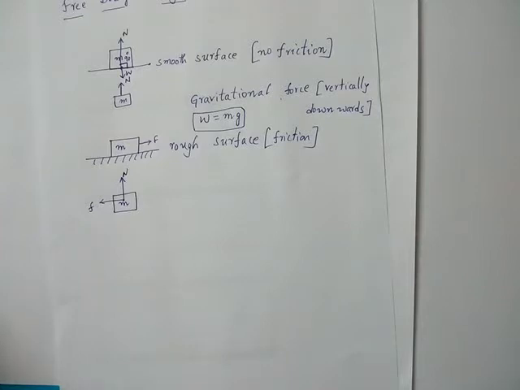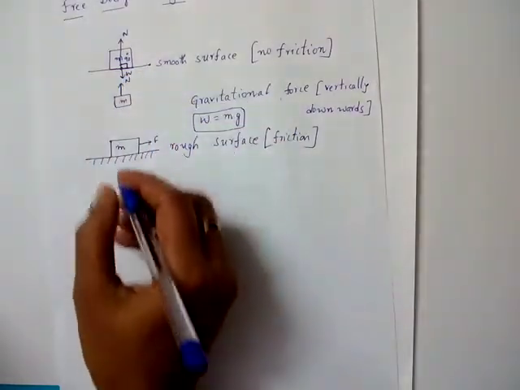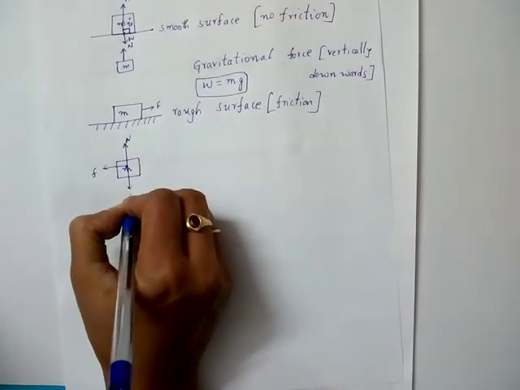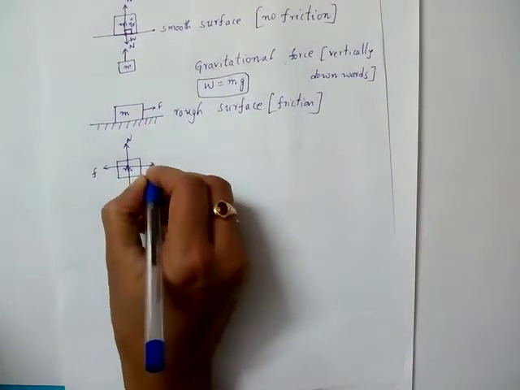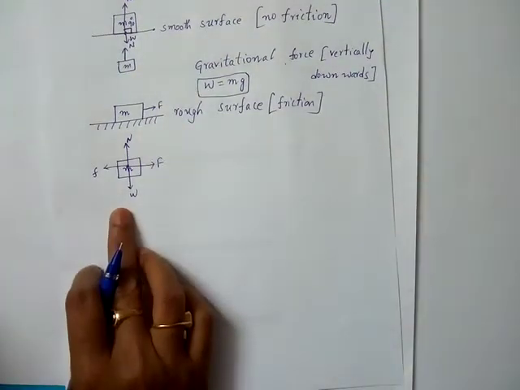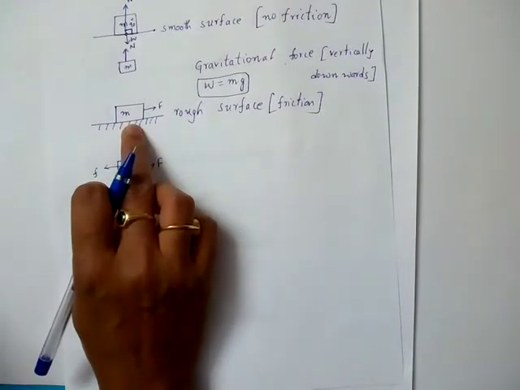So, weight we will get by multiplying mass and acceleration due to gravity. Okay? So, weight acts vertically downwards. Even in this case, weight acts vertically downwards, and force, whichever direction they have given, we have to consider that direction only. So, this is the free body diagram for this particular block.